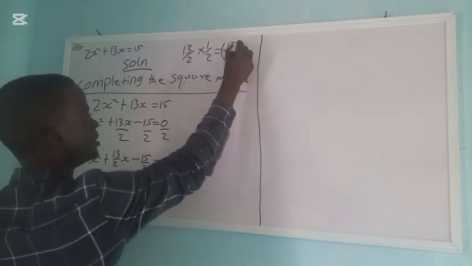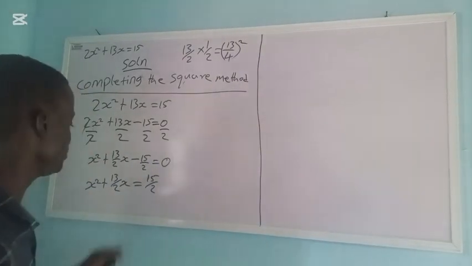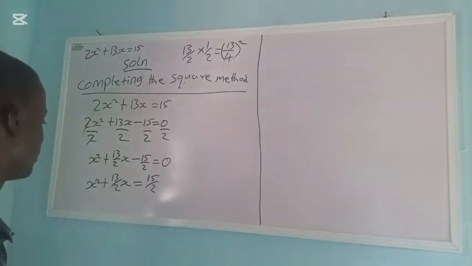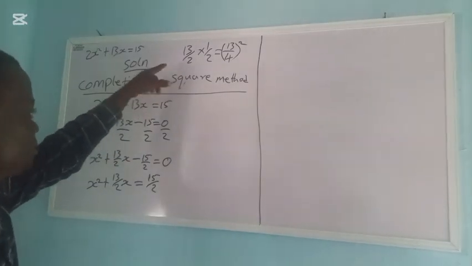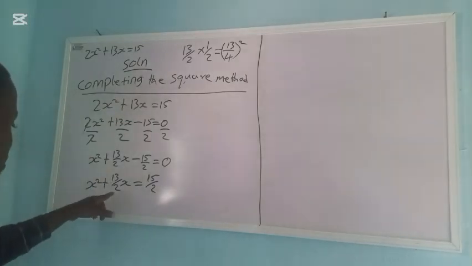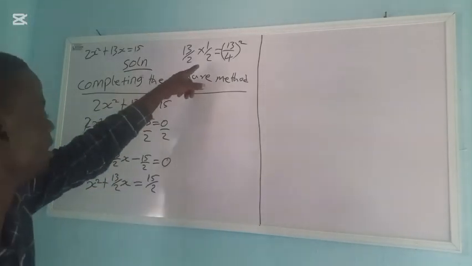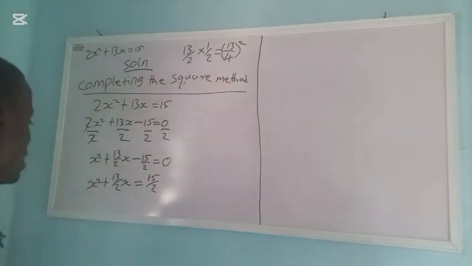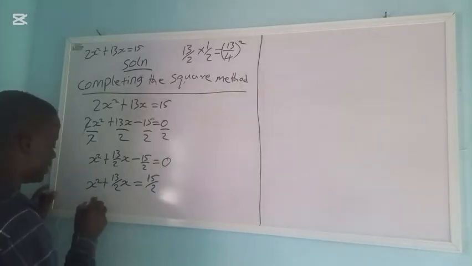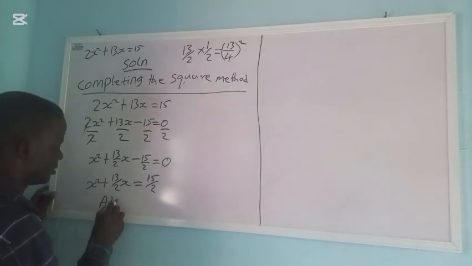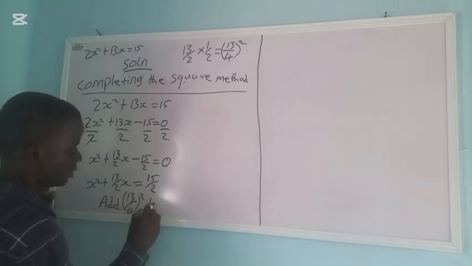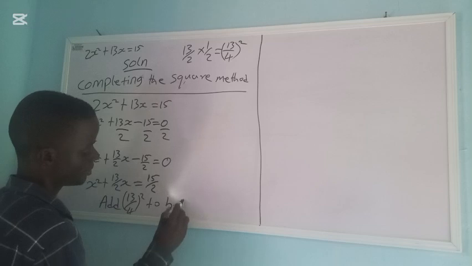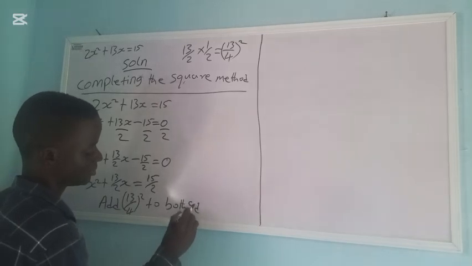Then we'll square it. So I have multiplied 13 over 2 by half, and now we are going to add its square to both sides. Add 13 over 4 squared to both sides.